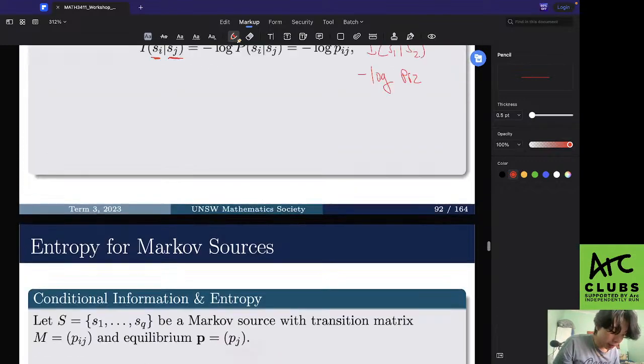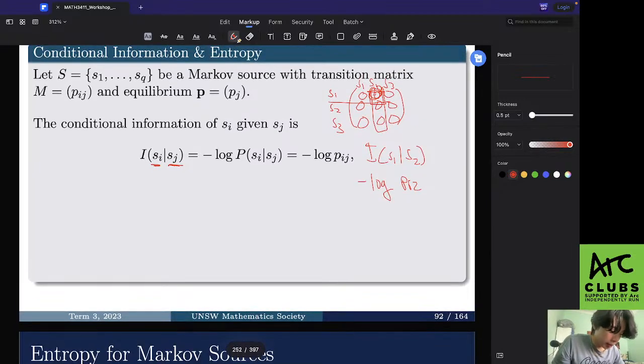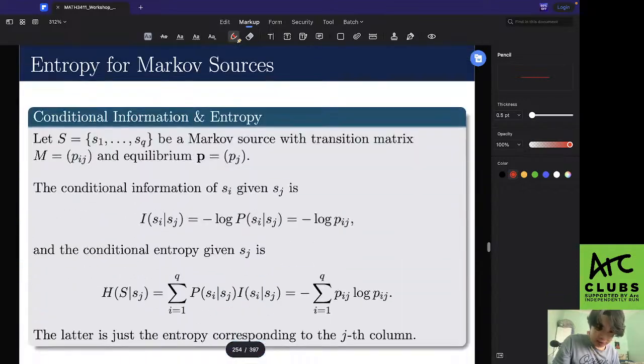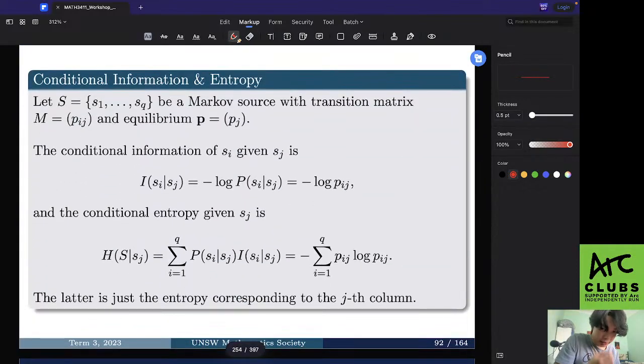It's actually just the entropy for a given column. So H of S given S3 as our last source symbol, we can just find the entropy of our final column, because those are the probabilities we have given that we just received an S3. And so that's pretty much what our entropy is. It's just the entropy of the jth column to get H(S) given that we just received S_j.